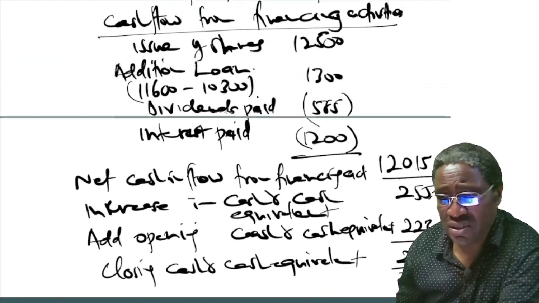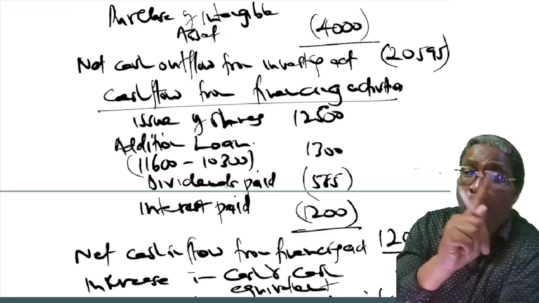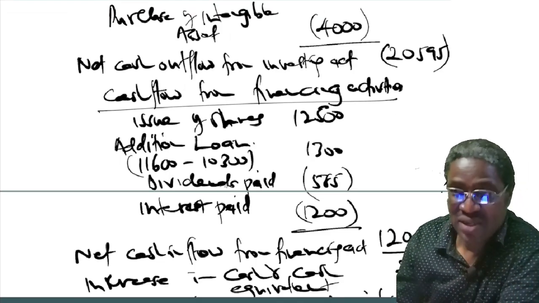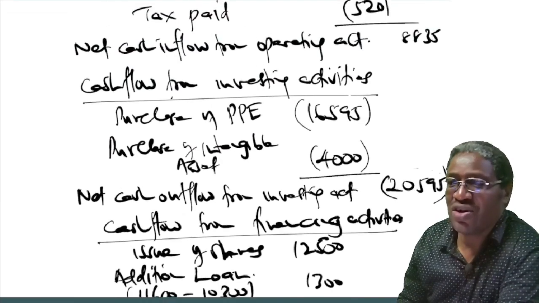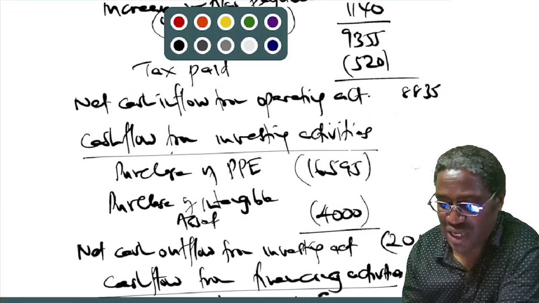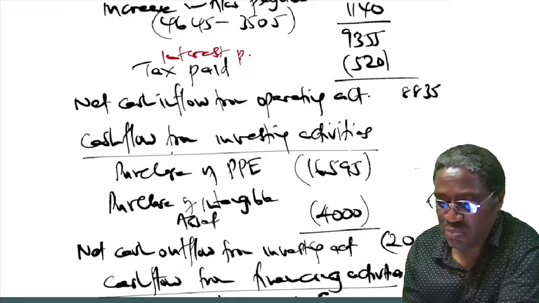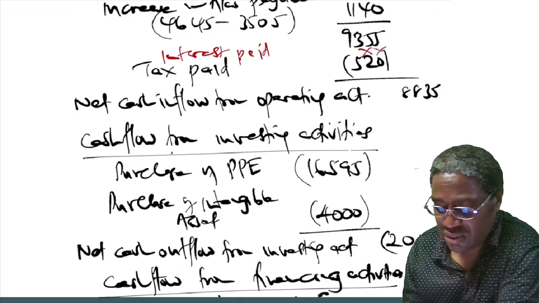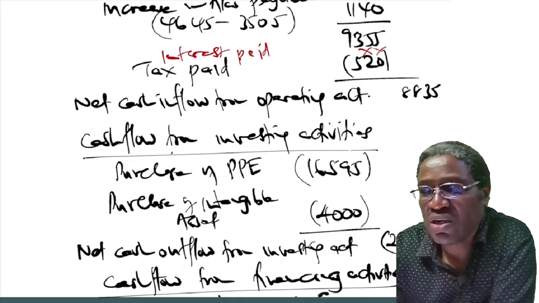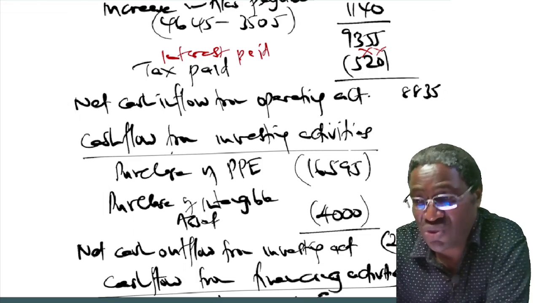Because they say you are borrowing for operations of your business. You borrowed for operations. Where we normally have here interest, tax paid, you also can bring here interest paid. Because you borrowed for operations. So that's allowed.